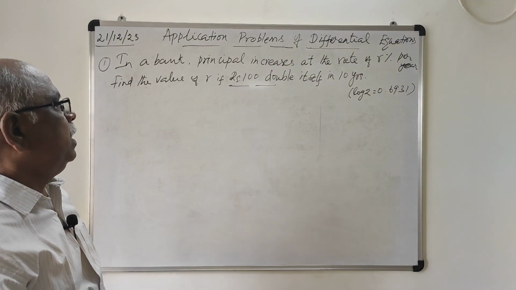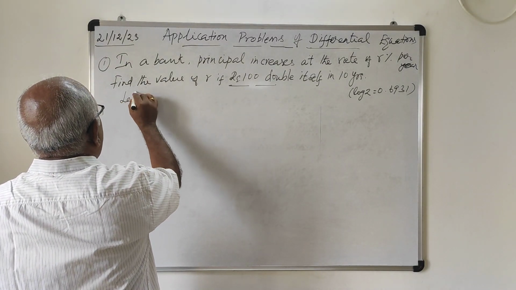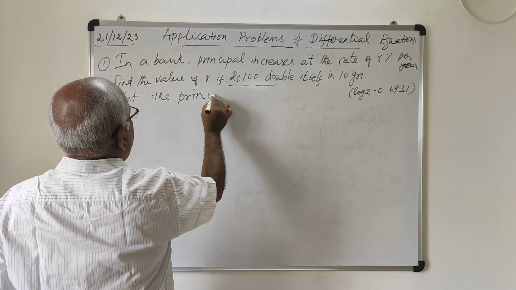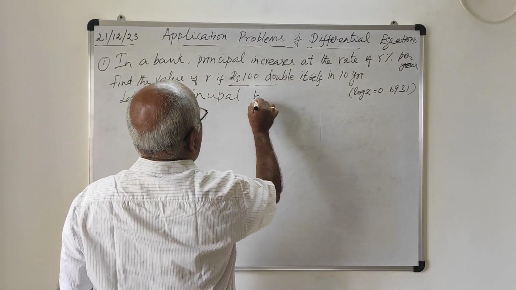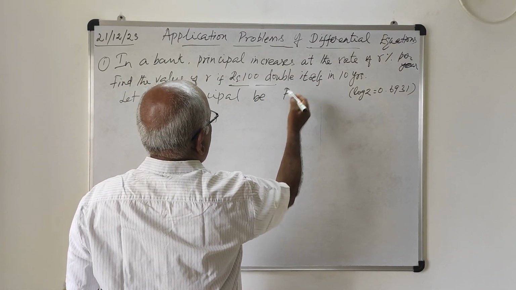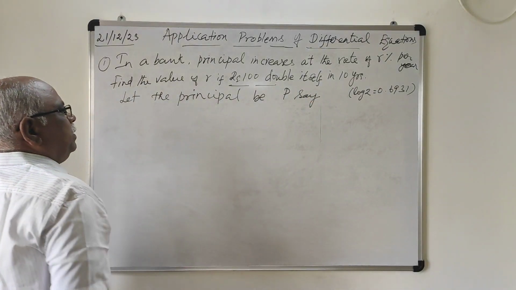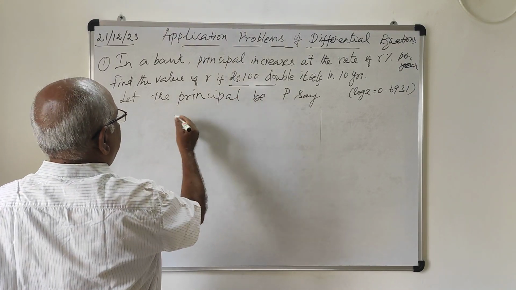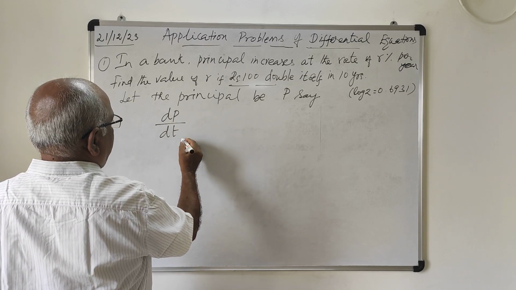That is the problem. See, the rate of interest, suppose let the principal deposited in the bank be P rupees, say. So principal increases, increasing rate is dP by dt.